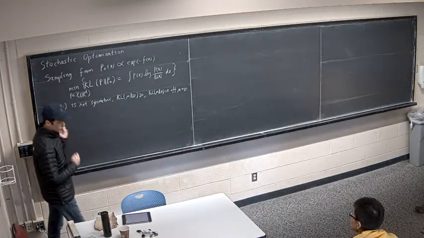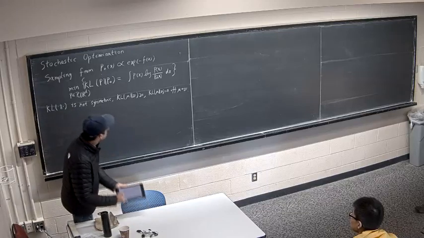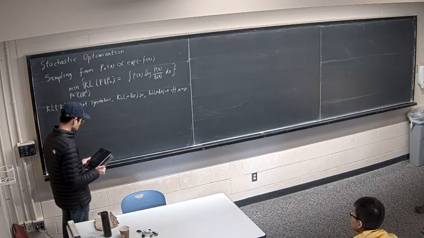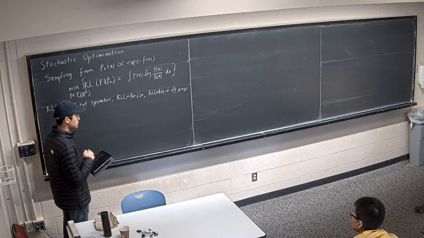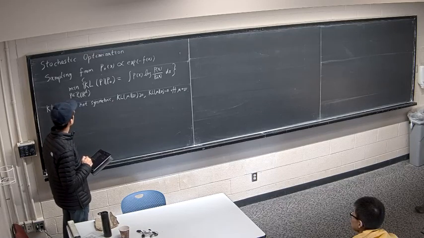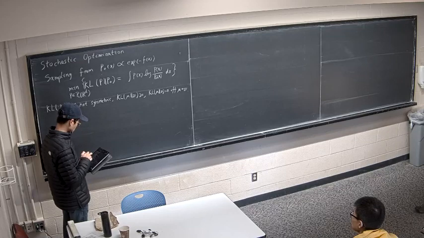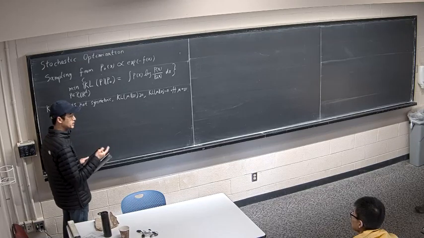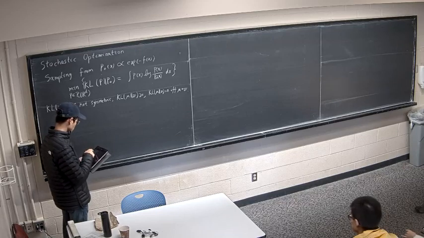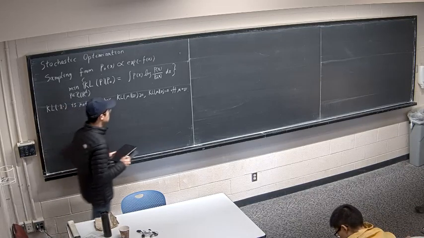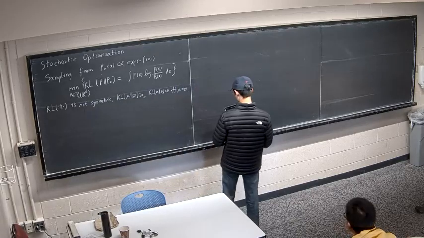So today, I think I still need to give the reason why, last time we talked about non-convex optimization, the last algorithm we talked about was Frank-Wolfe, and we didn't show why Frank-Wolfe didn't work for the non-convex setting if you choose the step size 2 over k plus 1.